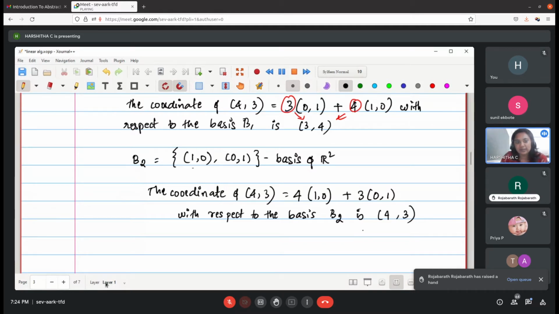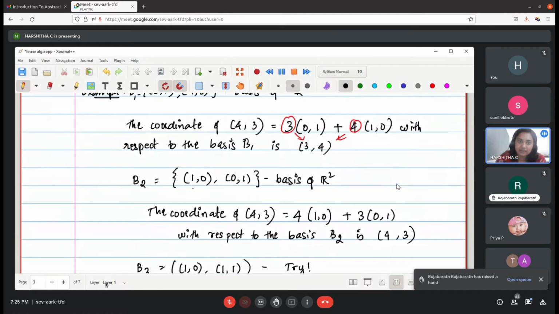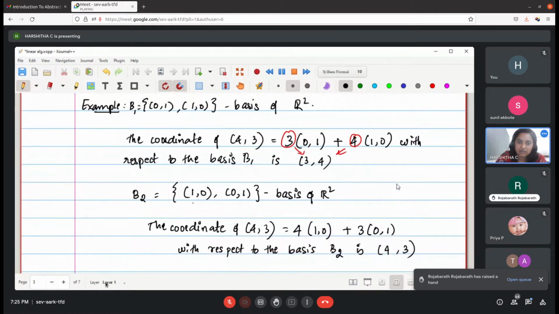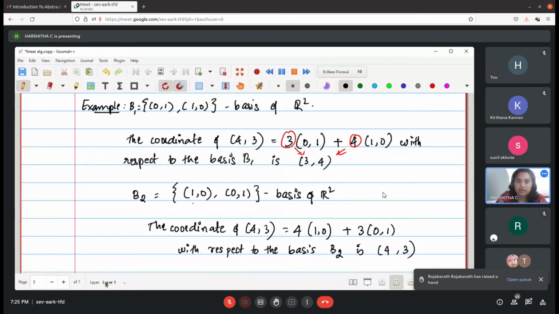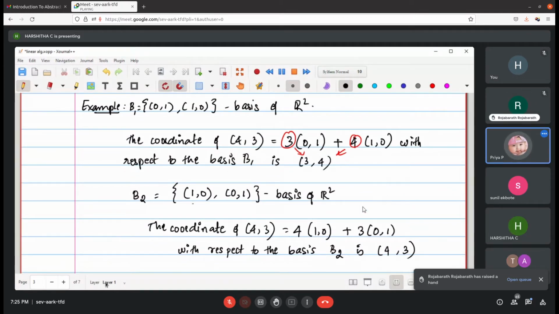Right? You can try it with another basis, let's say (1,0) and (1,1). Is this clear? What is the meaning of the coordinate? Any questions? No, ma'am. Okay. Then we'll go ahead.